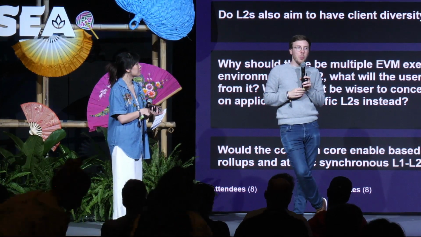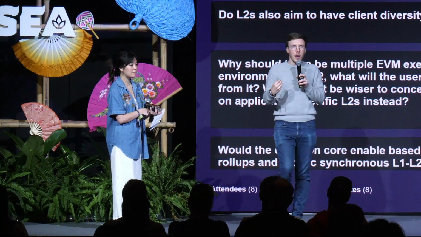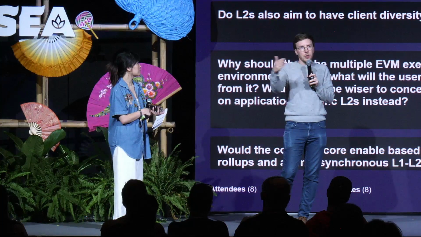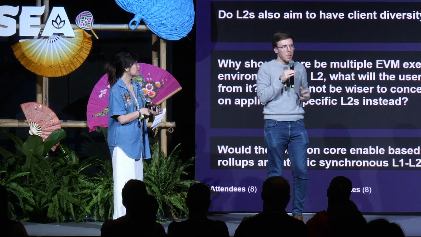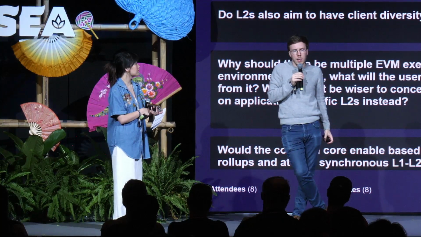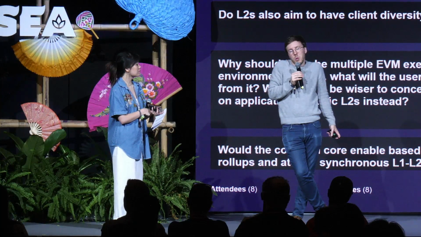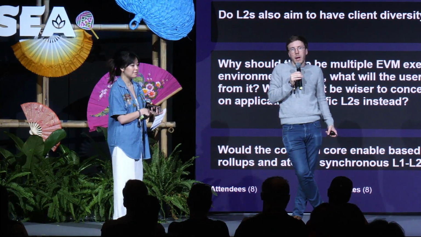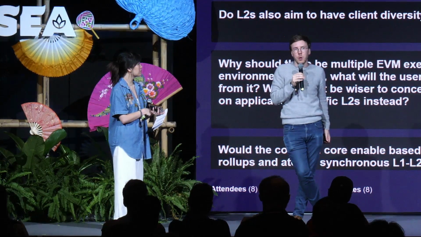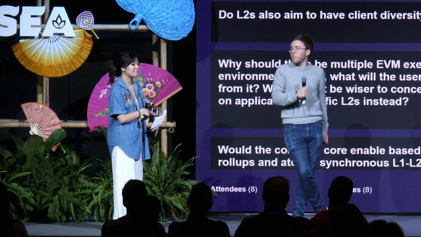I think at some point we might reach the point where L2s want to ship features that unlock new capabilities like parallelization, or asynchronous communication within the same block, that might make it impossible to keep the compatibility, but we will see if it's worth breaking. My prediction would be that long-term L1 and L2 will probably diverge to the point where you have to write L1-specific code if you want to deploy on L1.